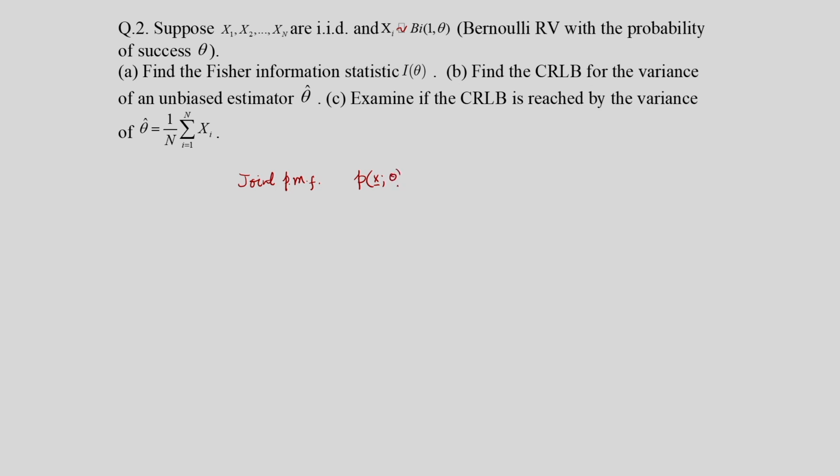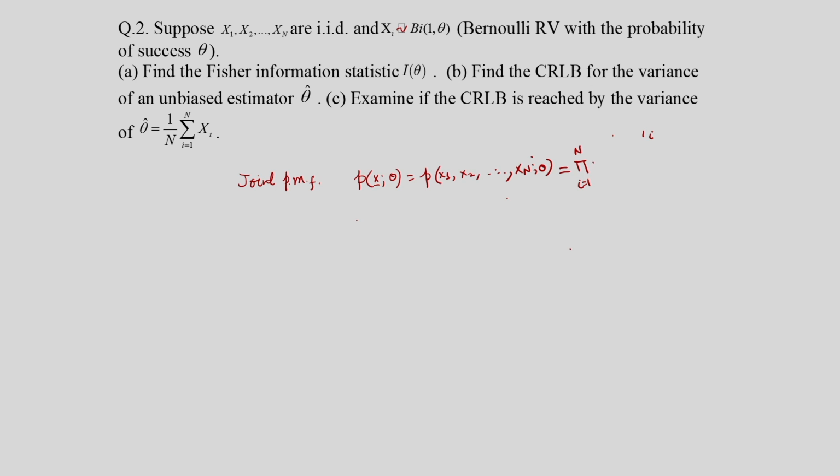That is equal to P of x1, x2 up to xn as a function of theta, and because it is IID, independent and identically distributed, it will be the product i equal to 1 to n, and each random variable is Bernoulli distributed.